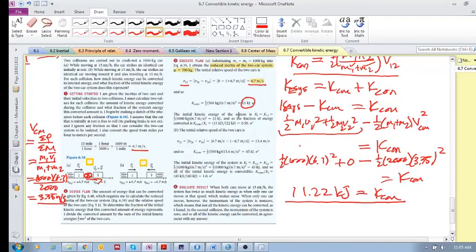The total kinetic energy of the system is given by this, and they say it's equal to 22 kilojoules. So the convertible kinetic energy is 11 kilojoules divided by 22 kilojoules. So it is 0.5. The fraction of convertible energy in this case is 0.5.